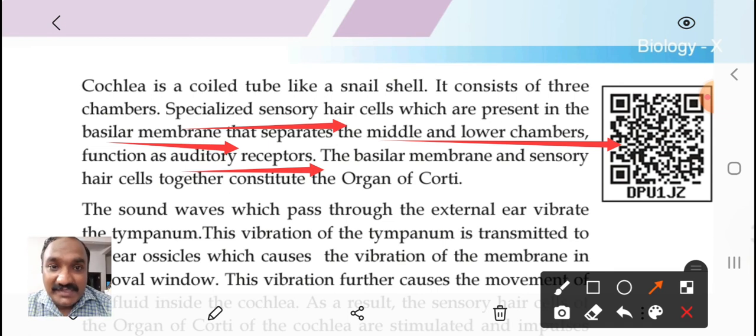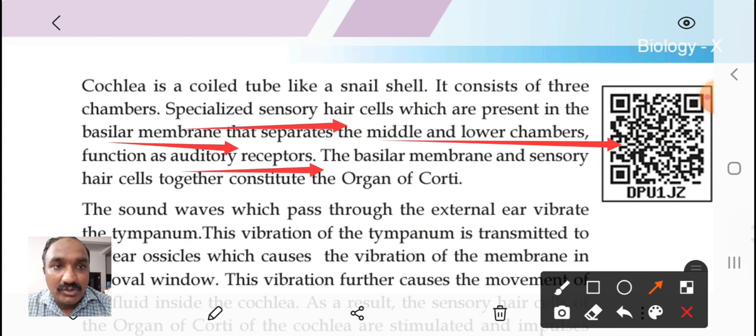Where is the basilar membrane? It is the membrane that separates the middle and lower chambers of the cochlea. Then they function as what? Auditory receptors. So auditory receptors are what? Hair cells, present on the basilar membrane.